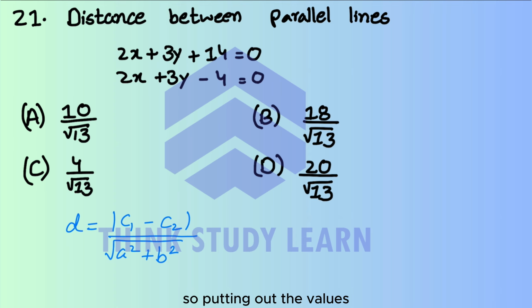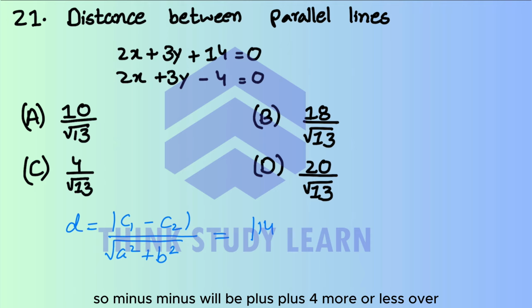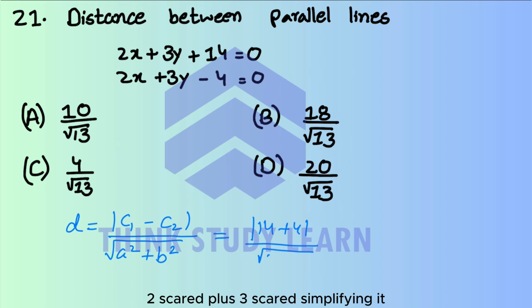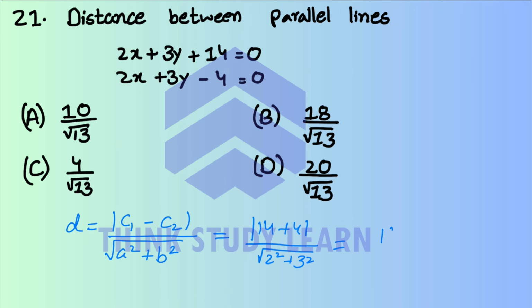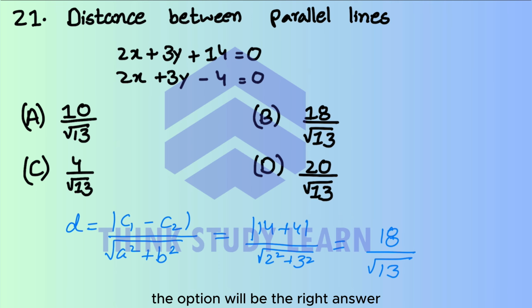So putting out the values, c1 here is 14 and c2 is minus 4, so minus minus will be plus, 14 plus 4 modulus over square root 2 square plus 3 square. Simplifying it, we will get 18 over square root 13. B option will be the right answer.